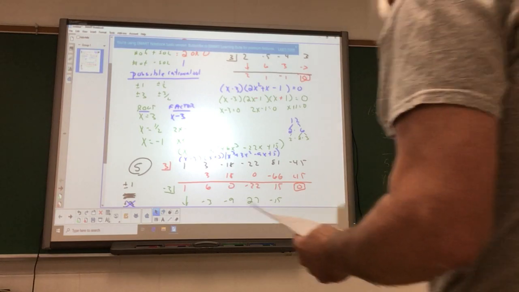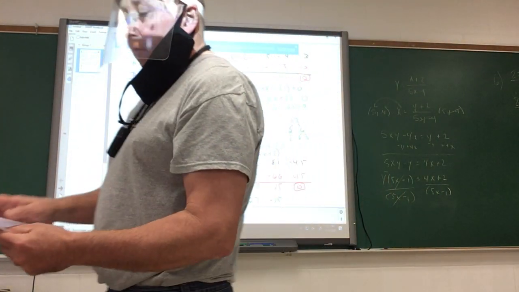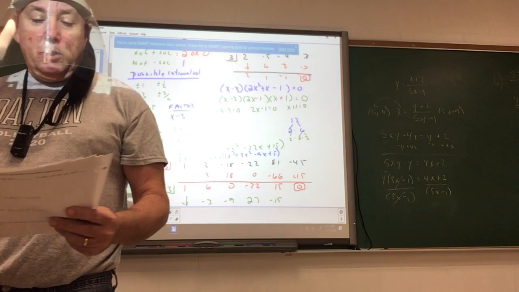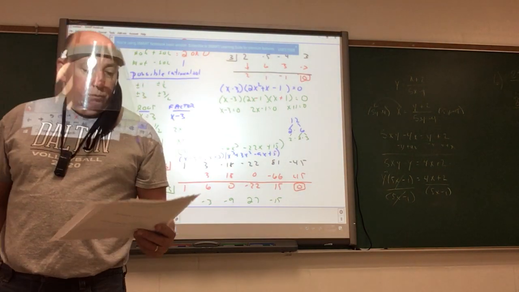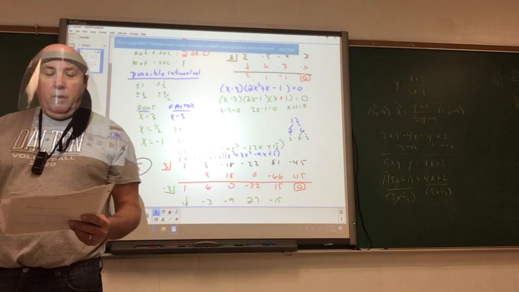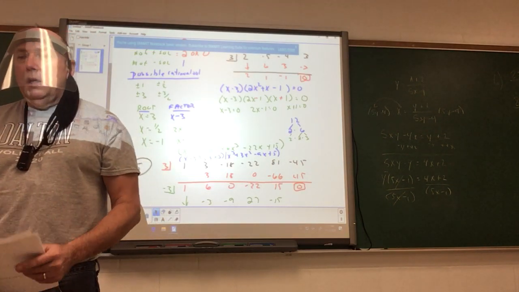The first couple are rational root problems again. Now if you go to the back, you have synthetic substitution, long division. Sort of a combination of all the things that we've done up till now.